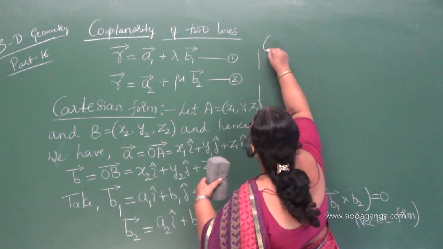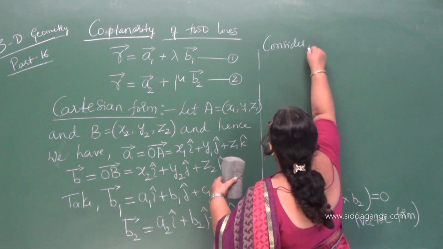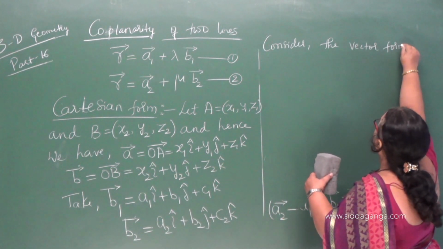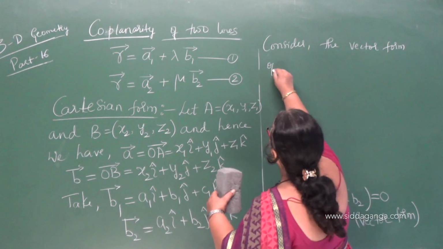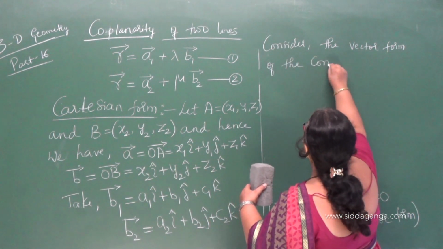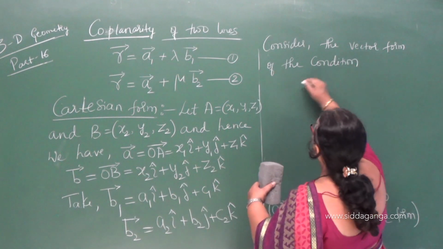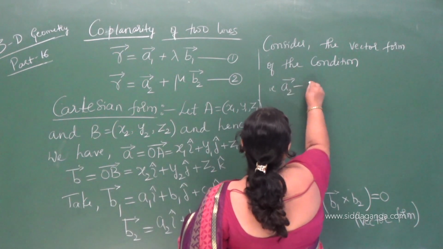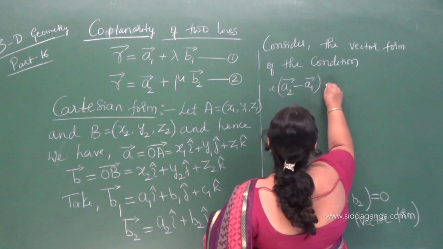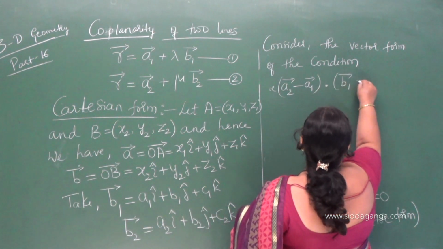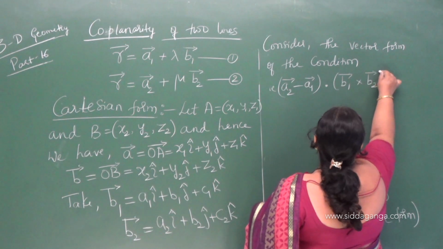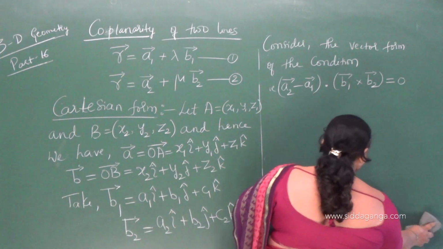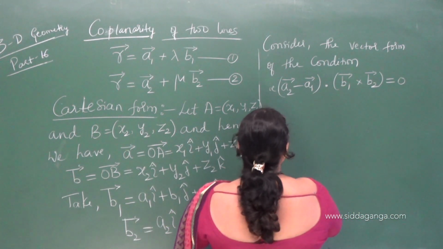We have to consider the vector form of the condition. Vector form condition, that is vector a2 minus vector a1 dot of b1 vector cross b2 vector equal to 0. Now this is nothing but the scalar triple product of three vectors.